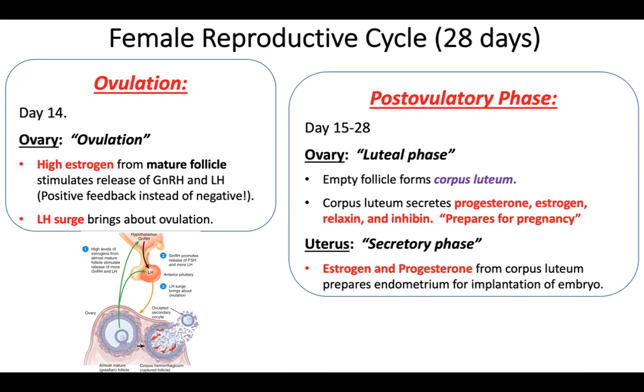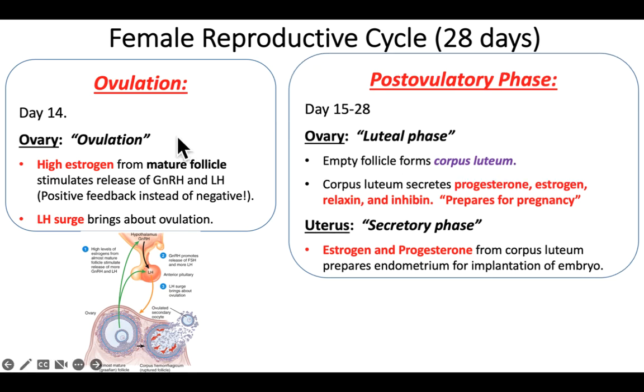So now what happens? Well, we're in this post-ovulatory phase, right? Ovulation happens. What's going to happen after? And it largely depends on if there's fertilization or not. But we have to always plan that it might happen. So the empty follicle collapses inward and forms the corpus luteum.